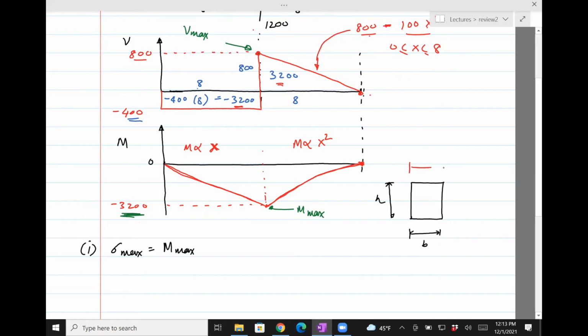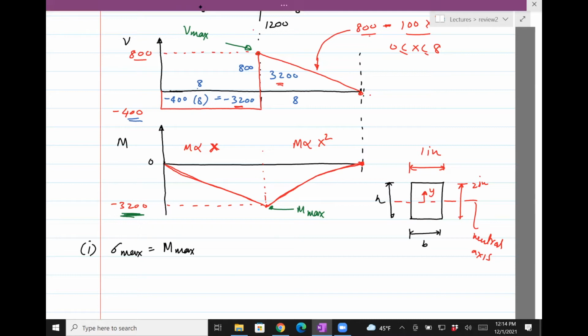It's given to be 1 inch, 2 inch, and since the bending moment is in the plane, we'll see that the neutral axis is this. Neutral axis. So this is Y.